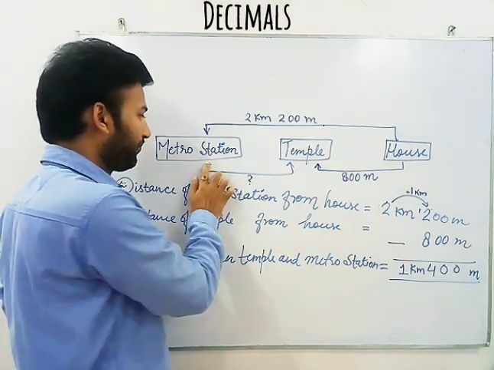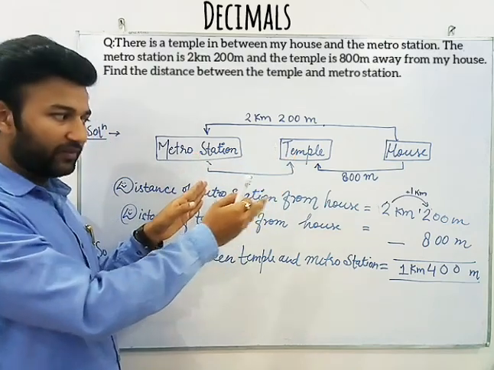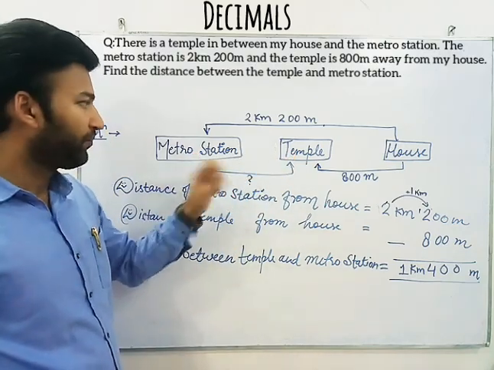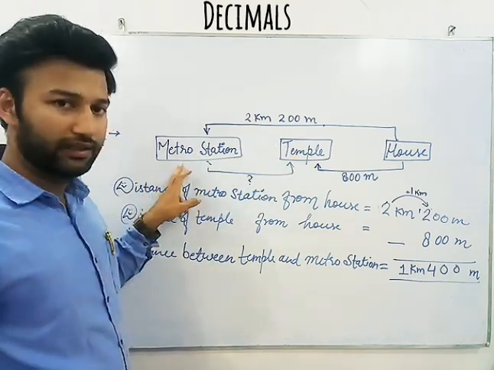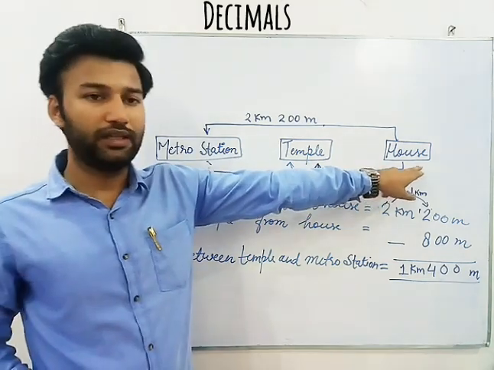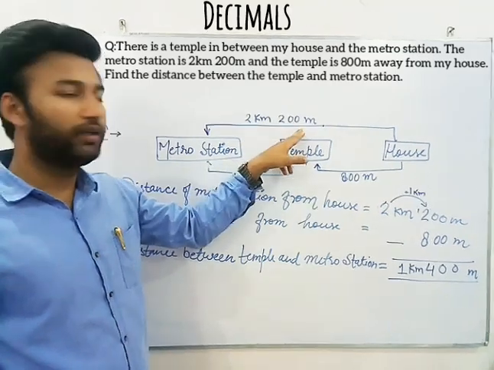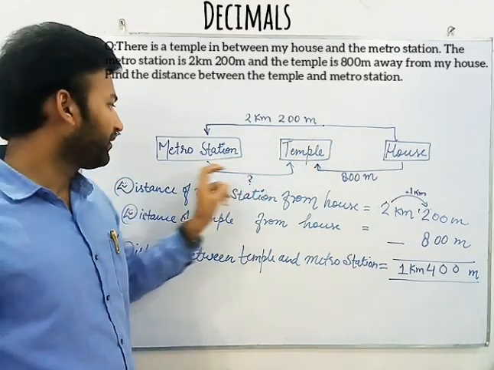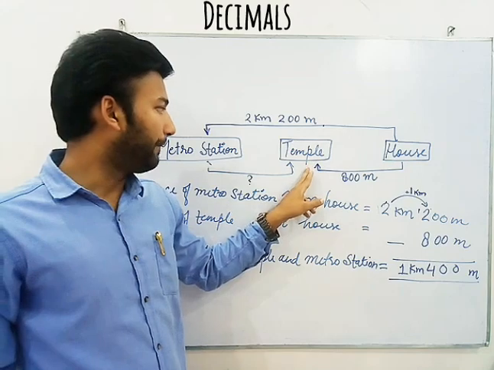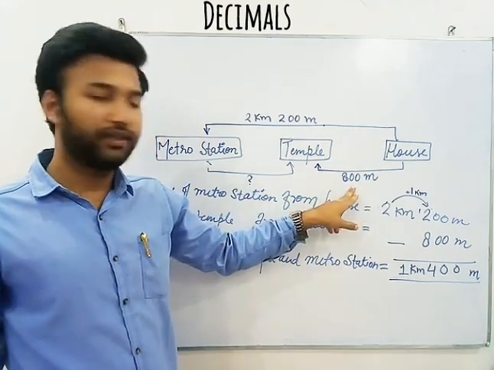See how. Here this is one mind map for you. Let's suppose this is the metro station and this is the house, and the distance between house and metro station is 2 km 200 meter. And the distance from temple to house is 800 meter.